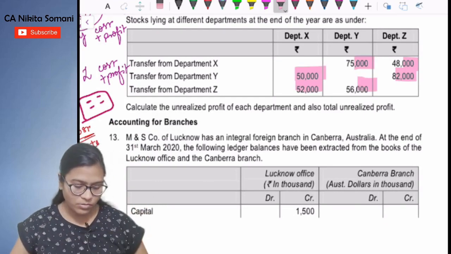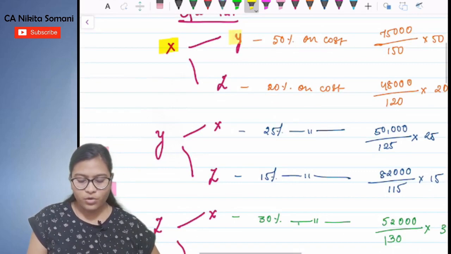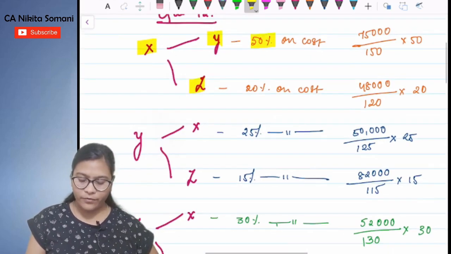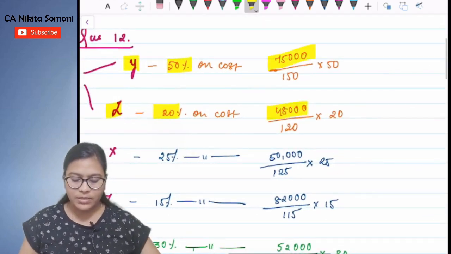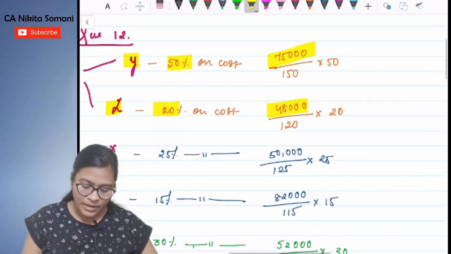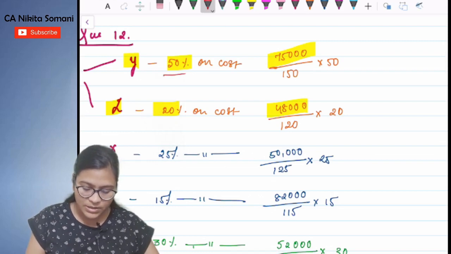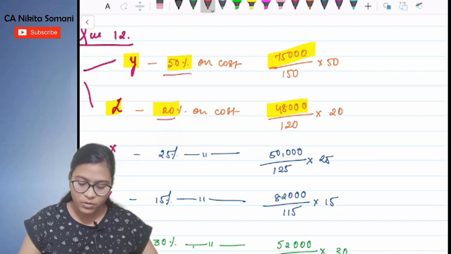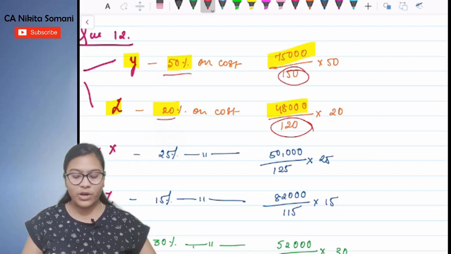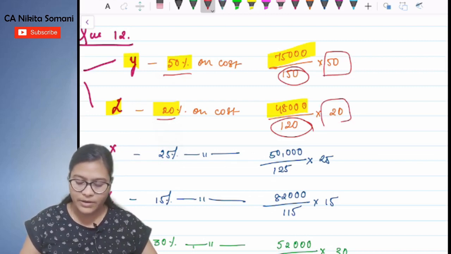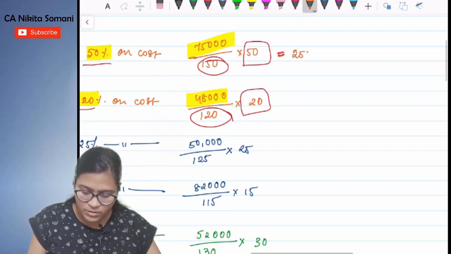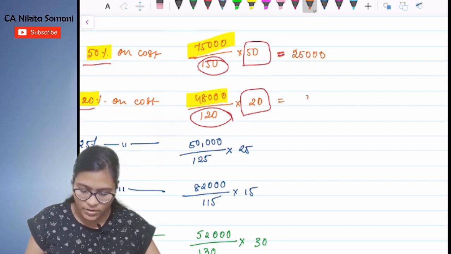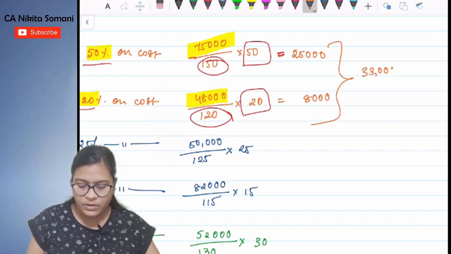X is sending the goods to Y and Z at the rate of 50% and 20% on cost respectively, and the transfer amounts are given. Here it is said that it is 50% and here 20%. So divide by 150 and 120, and you have to eliminate the profit element. When you solve for this you get 25,000 and here you get 8,000. The total of both comes to 33,000.